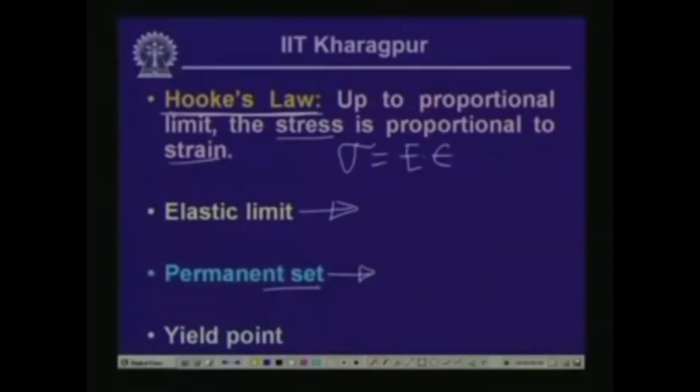But once it starts yielding, then if we release the load, the bar does not come back to its original position, and some amount of deformation gets permanently set in the body, and that is what we call permanent set. Yield point, again, as we have seen, is the point where the material starts yielding or goes beyond the elastic limit, and plasticity starts setting in the member.